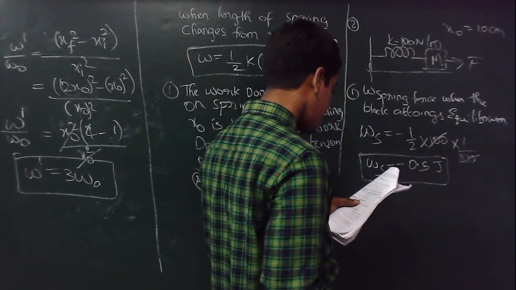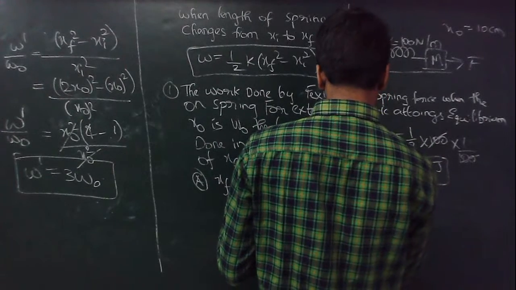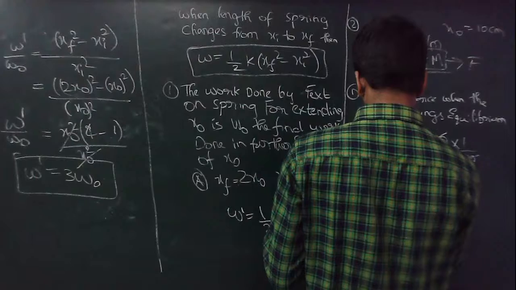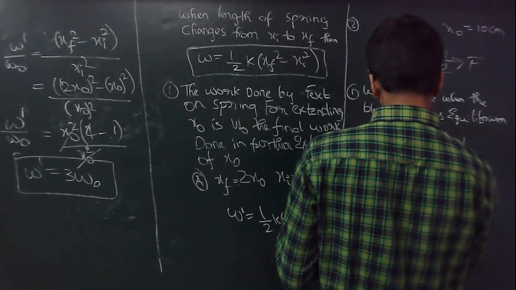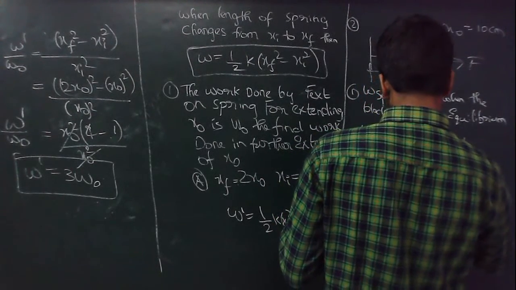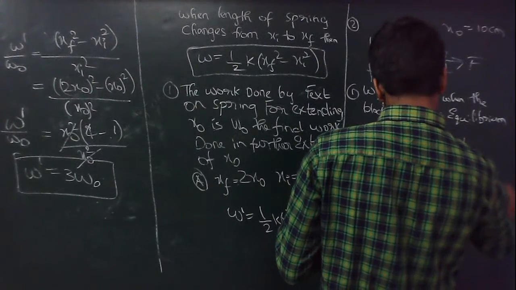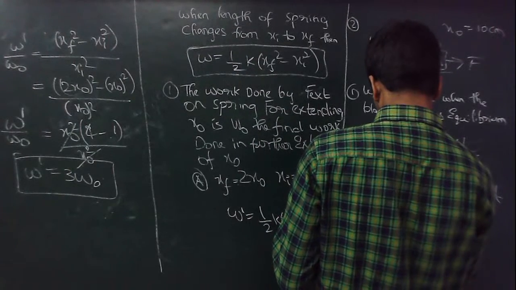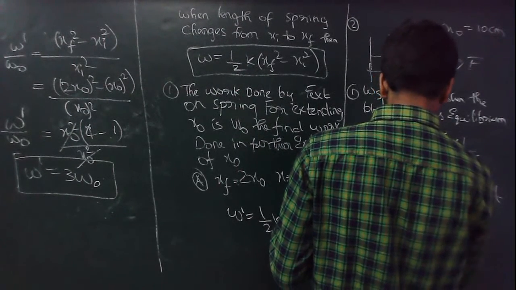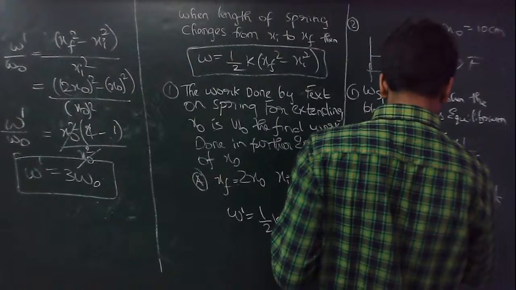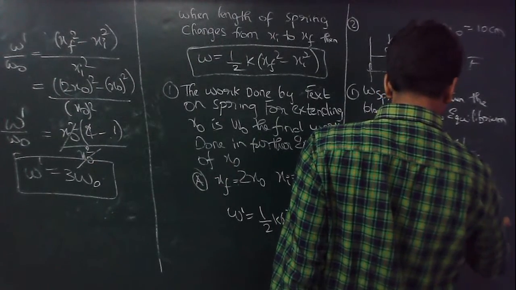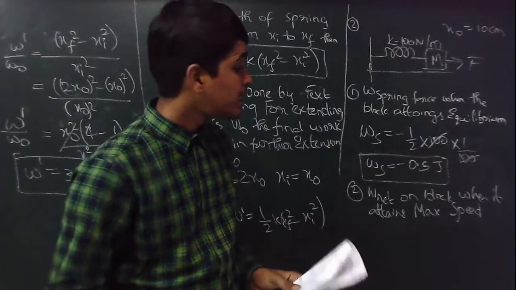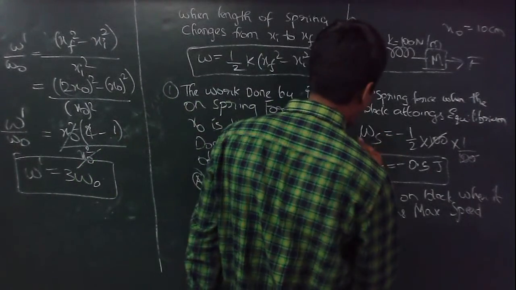Now the second one is W net on the block when it attains max speed. When it attains max speed, we want to find out W total.